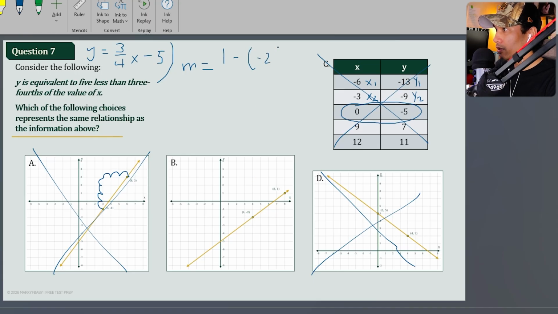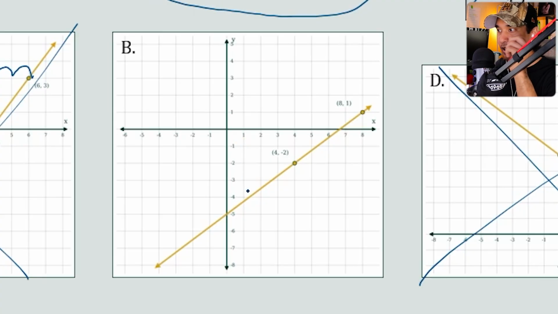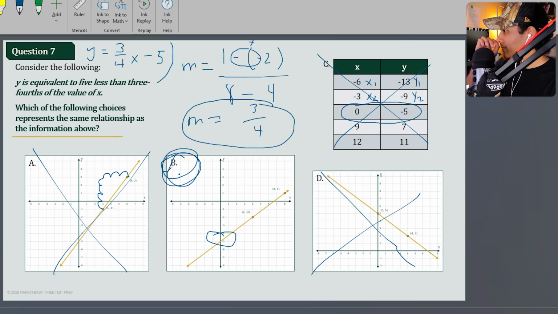So negative 2 over 8, that's my x2, and then 4 minus 4. M equals, what is this? 1, and now it's plus 2, that equals 3. What is 8 minus 4? That equals 4. And that is our slope, 3 over 4. And our y-intercept is at 0, negative 5, making B the correct answer.